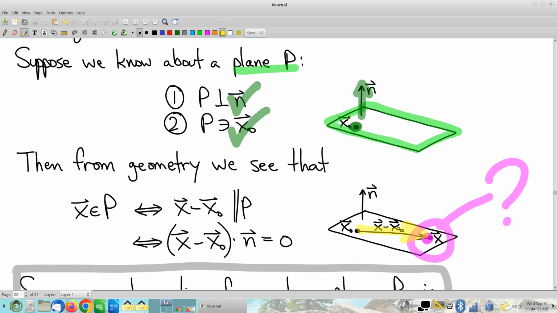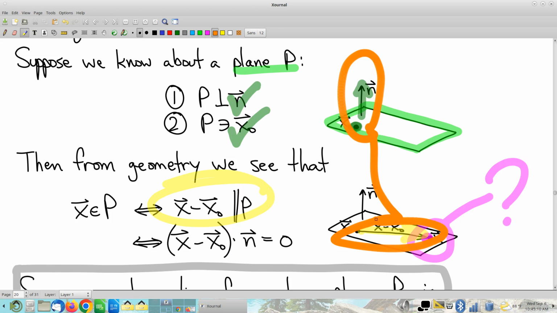That was given. We're assuming momentarily that x is in the plane, and that means that this difference is parallel to the plane. And if it's parallel to the plane, then the dot product here, perpendicular vector dot parallel vector, must be 0.